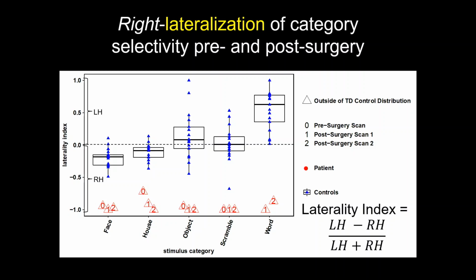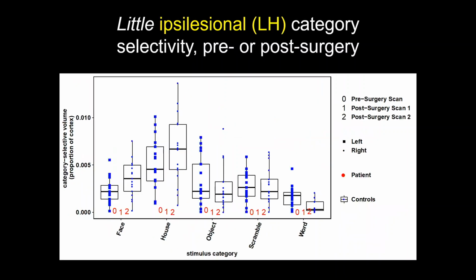We compared each patient data point to the control distribution using a statistical test used in neuropsychology called the Crawford test to test for significant differences of a single patient outside of a control distribution. Again, she showed right lateralization for all categories, and that turned out to be the case because she showed close to no ipsilesional left hemisphere category selectivity pre or post-surgery.